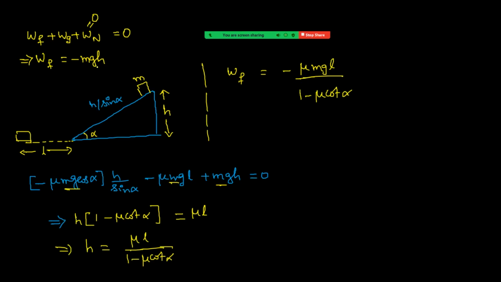Substituting this value, we already have the minus and mg, so it is minus mu mgL upon 1 minus mu cot alpha. Now in this we have to substitute the values of mu, m, L and alpha, then we get the answer. So the key point is that it starts from rest and finally comes to rest, that's why we have taken the work energy theorem. Next we focus on how to calculate h, because the net work is mgh minus mgh.